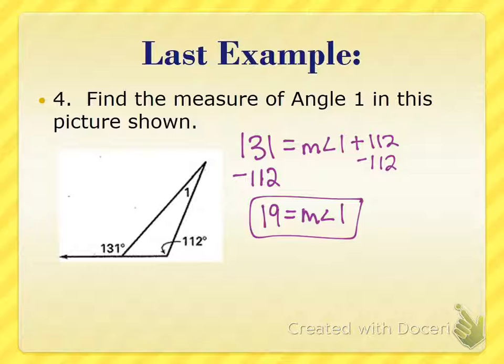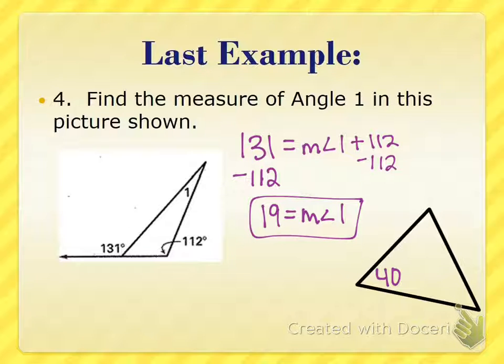Okay, so I know this slide said last example, but we haven't talked a whole lot about finding the missing interior angle. Now that one is pretty straightforward, but just for funsies, I were to create this triangle down here, and we'll just make it pretty easy.